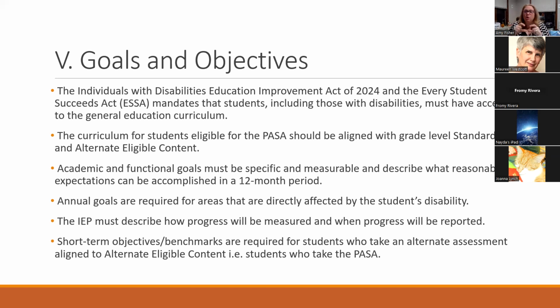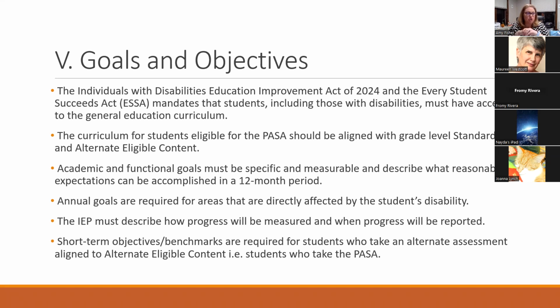So you are looking at, what do we hope to accomplish within a year? Annual goals are required for areas that are directly affected by the student's disability. So goals should be related to a student's needs based on their disability.